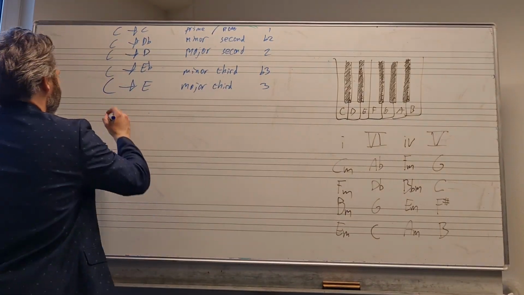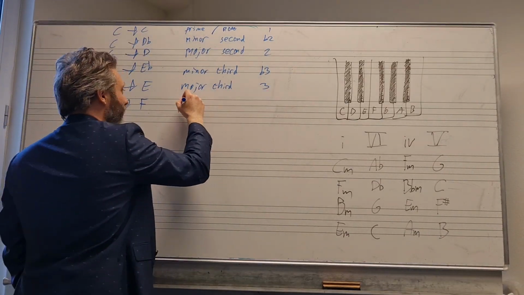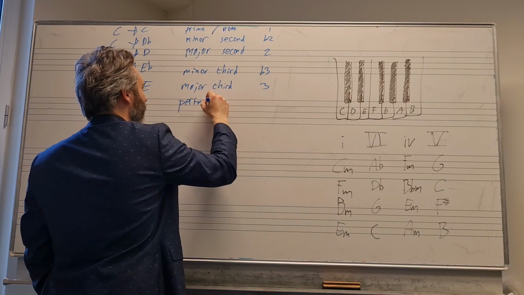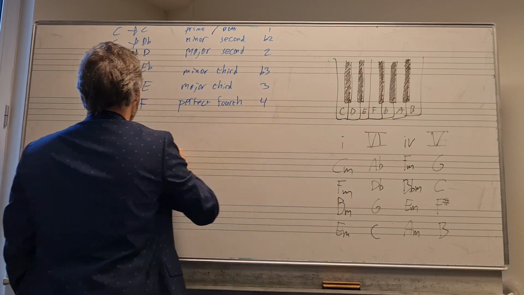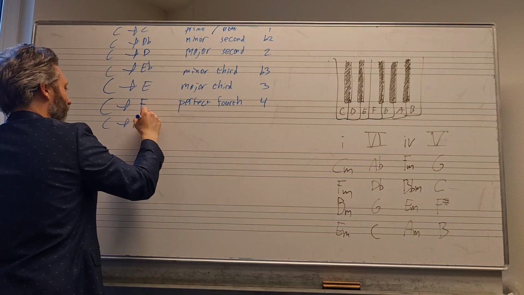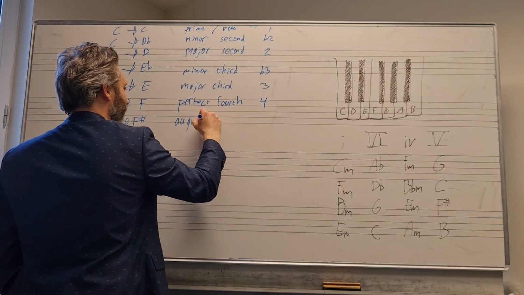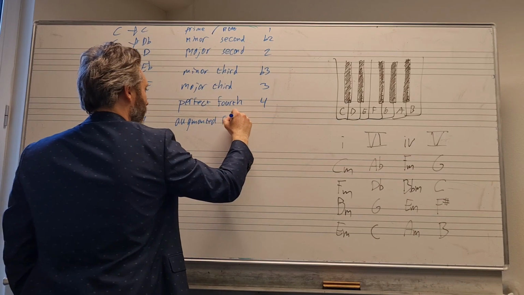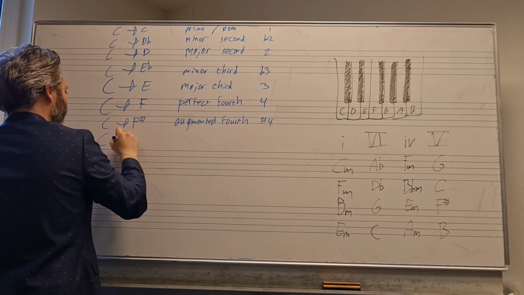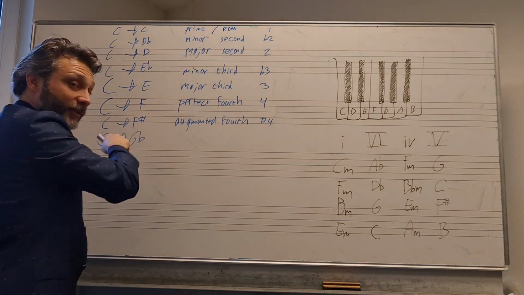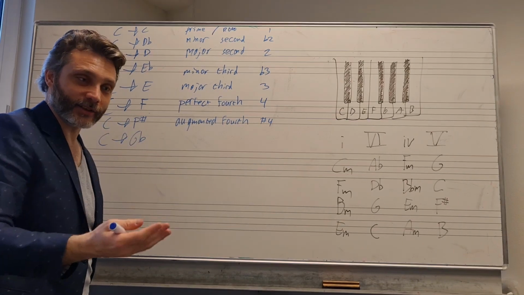Then, the distance from C to F. That's a perfect fourth. And from C to F sharp would be an augmented fourth, sharp fourth. And from C to G flat. Now G flat and F sharp are enharmonically the same.